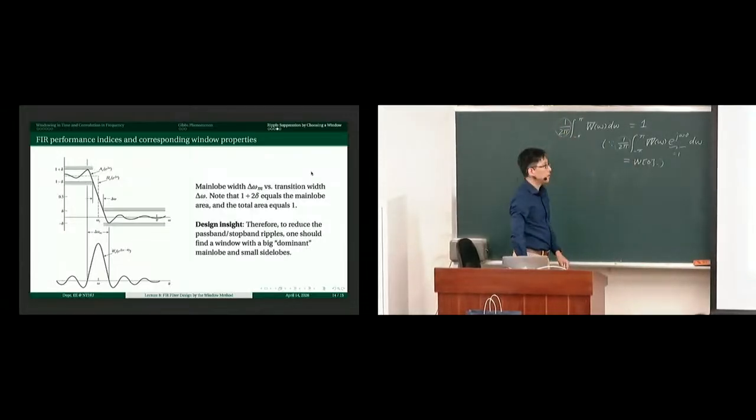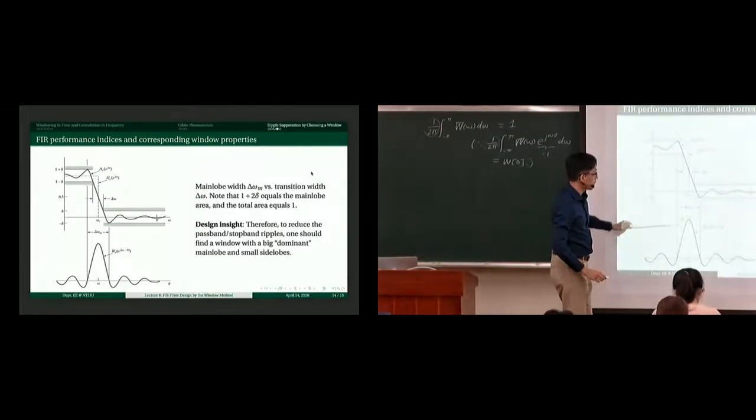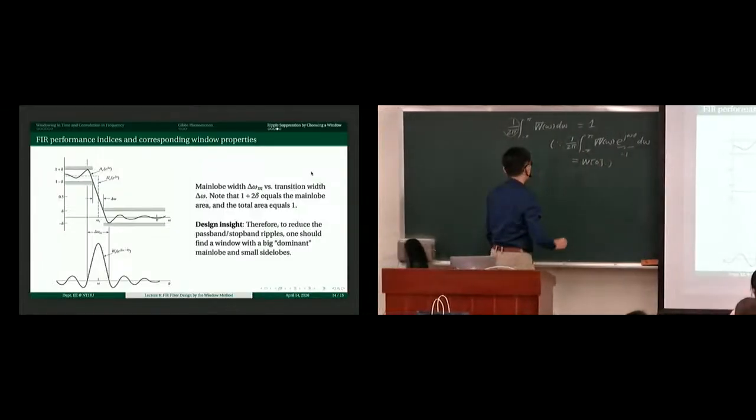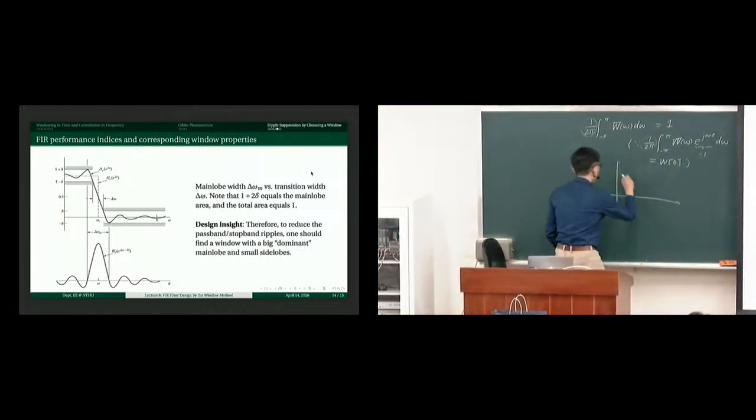Whereas the area underneath the main lobe equals 1 plus 2 delta. So why do I point out these tiny details? Let's take a look. This area turns out to equal 1 plus 2 delta. You can show that.